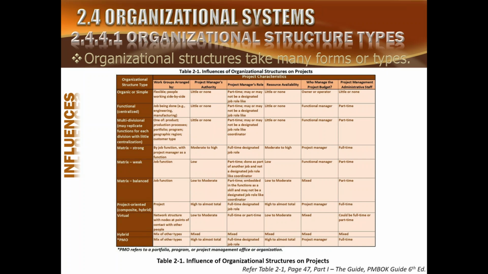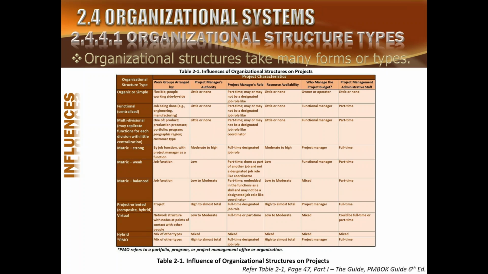Maybe the projects so run are managing their own human resources and finances and all that. So whatever they are doing, they are not having any function. So in this case, the project is the entity. Project manager has all the authority. He is full-time designated. The resources are dedicatedly available, and the project manager is controlling the budget.